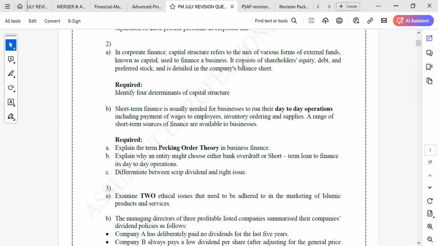They say explain why an entity might choose either bank overdraft or short-term loan finance to finance its day-to-day operations. So the company can decide to choose bank overdraft and they will not choose a short-term loan, isn't it?